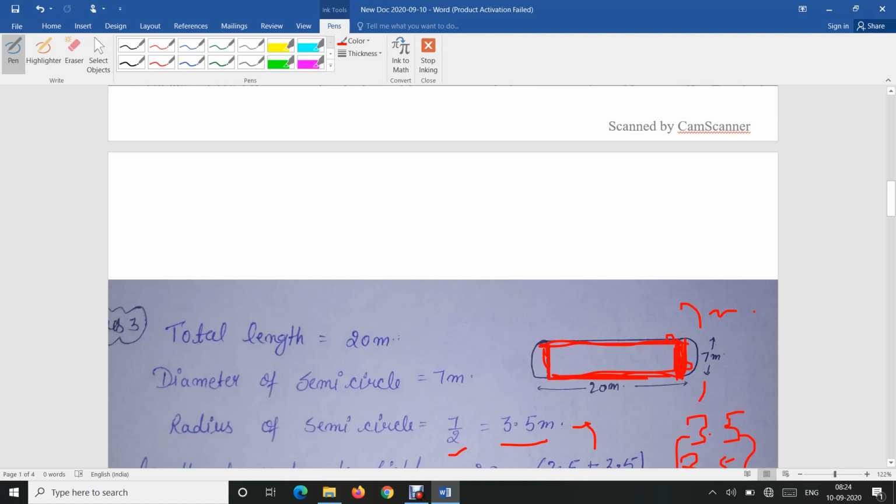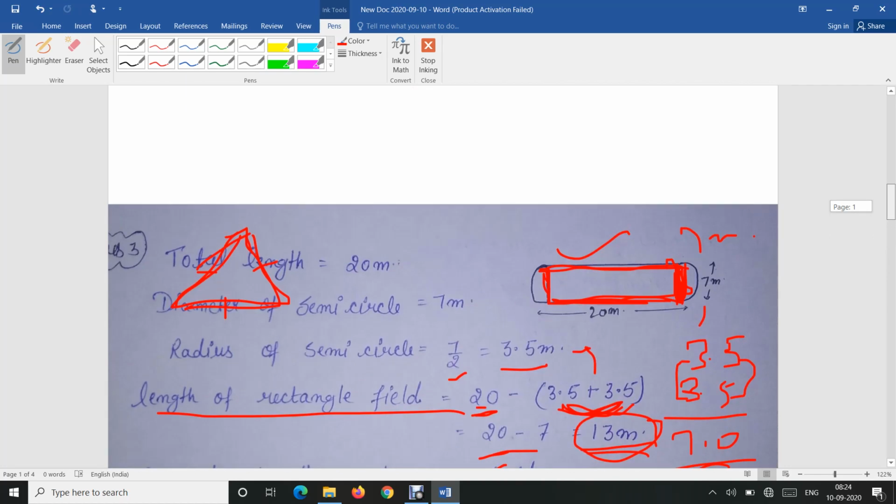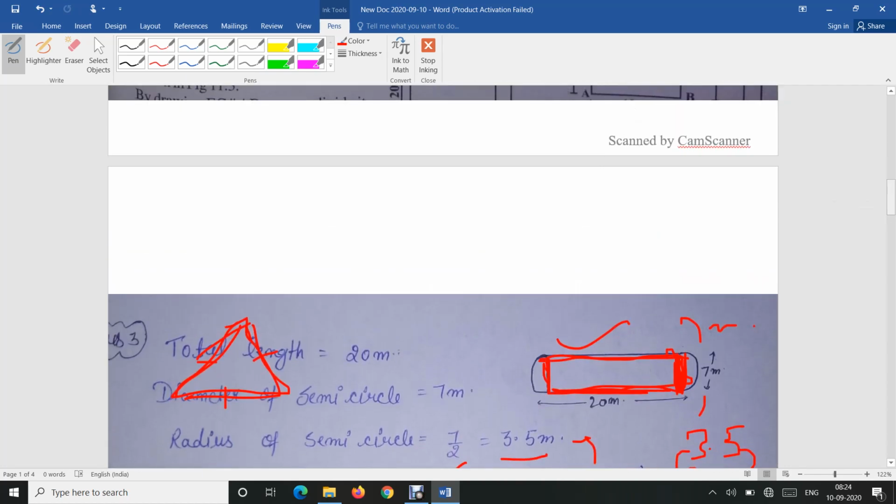But there is one thing, see, if we have a triangle, then how can we find the perimeter of this triangle? Obviously by adding these three sides. So in a similar way we can find the perimeter of this garden. We have found the perimeter of the two semicircles, that is 22.